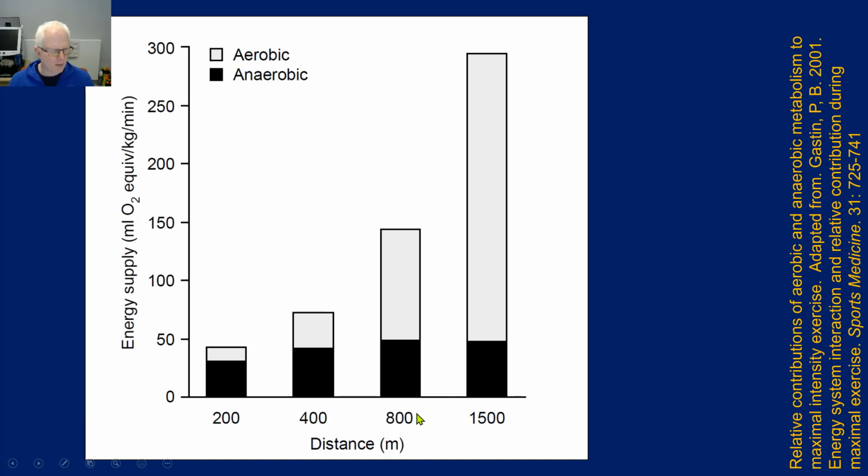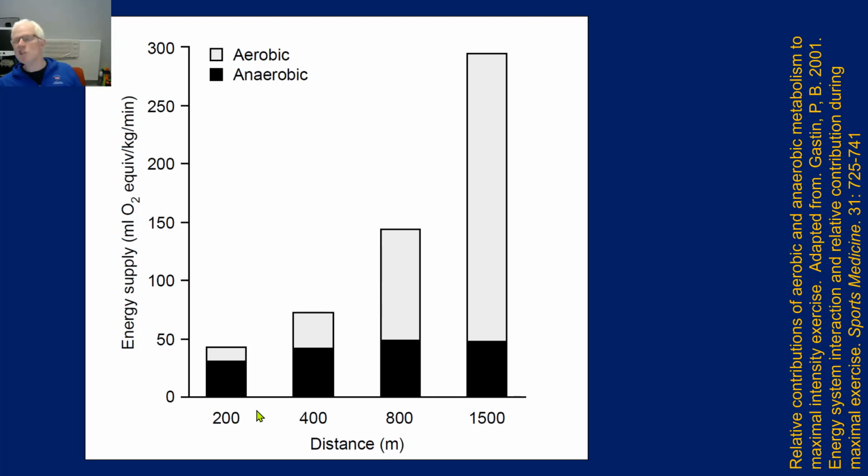So what we can see, for example, if we take a 200 meters track running race, at the world's best level in the males, that's something like, let's say, 20 seconds or quicker. In an event like that, the total energy contribution is just under 50 mils of O2 per minute, of which it looks pretty close that 3/4 of the energy is coming from anaerobic metabolism.